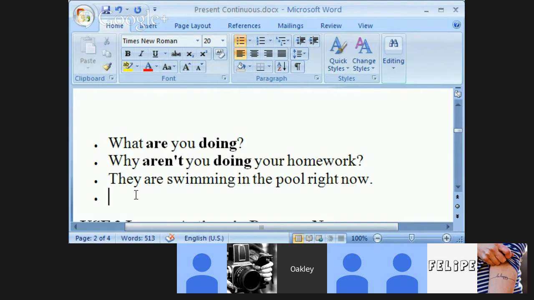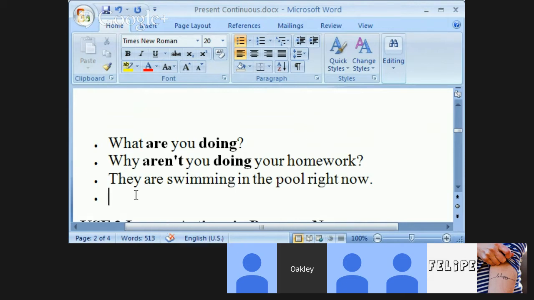Tatiana, can you give it a try? The grandmother is cooking the cakes in the kitchen. Okay. The grandmother is cooking cakes in the kitchen.